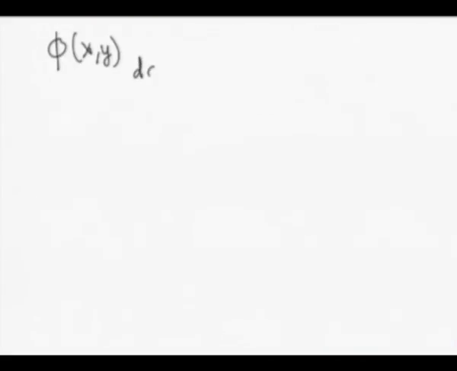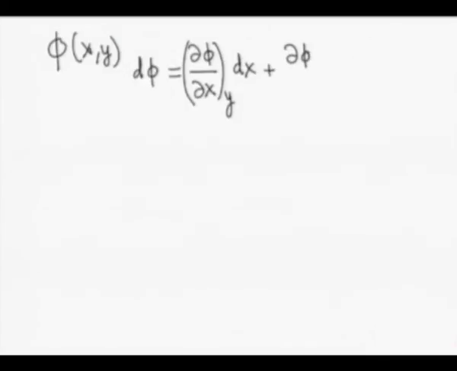For example, when phi is a function of x and y with some minor requirement as continuity and continuous derivatives, we can write the differential of phi as d phi is partial of phi with respect to x at constant y dx plus partial of phi with respect to y at constant x dy.